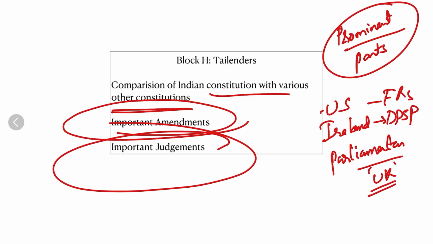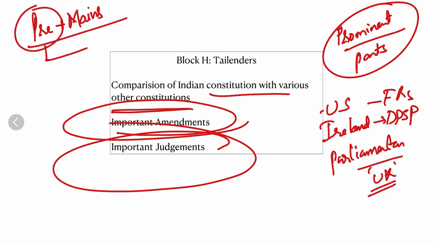Generally, polity is approached with both prelims and mains perspective. In prelims, there are two types of questions. One, theory based question, where they will ask you what is a right or what is justice, what is liberty, so these kind of things. Or there might be questions based on certain facts.